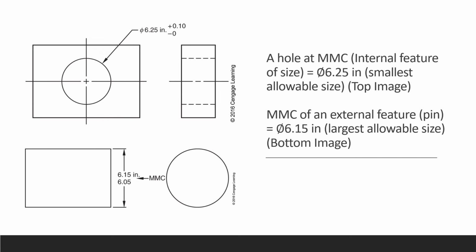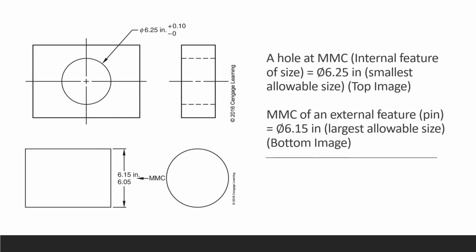So when you take a look at the hole, and if that is at maximum material condition, we say the diameter of that hole is the smallest allowable size.